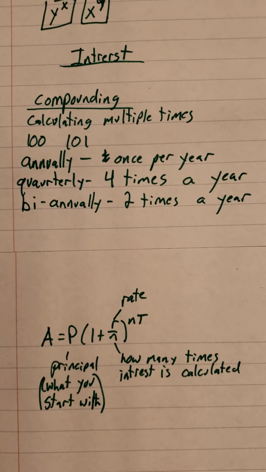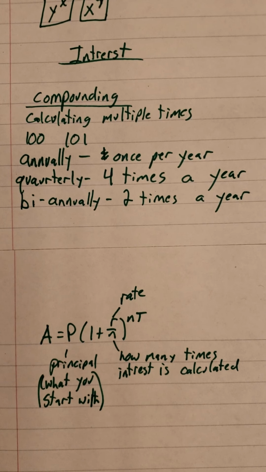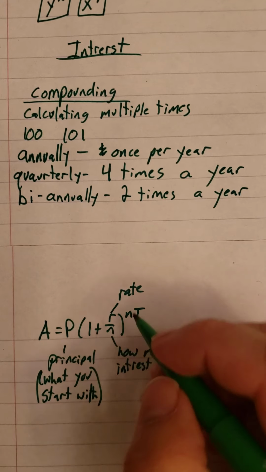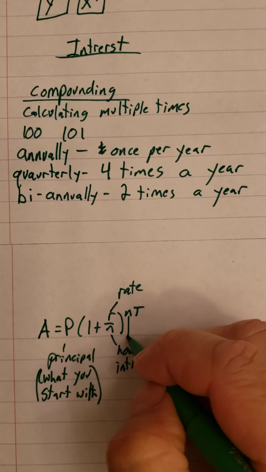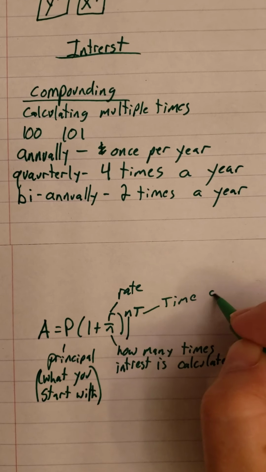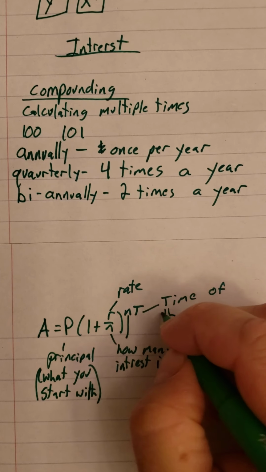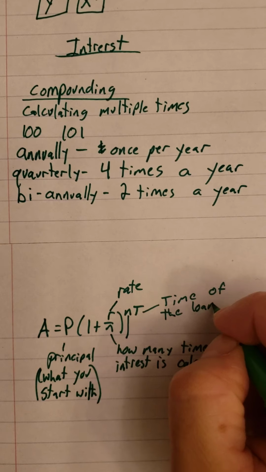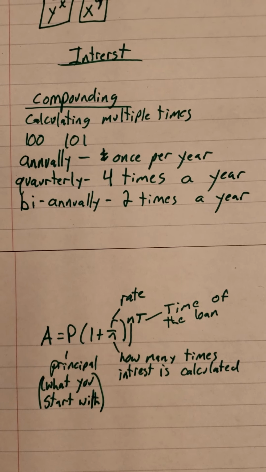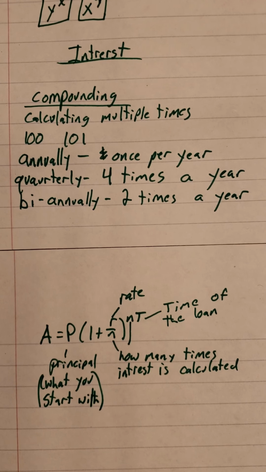Are they doing it quarterly? Then that number would be a 4. Are they doing it annually? Then that number is a 1. Up here, this is going to be the same N, and this is going to be the time of the loan. So how long you're borrowing the money for, or how long you're leaving the money in the account.